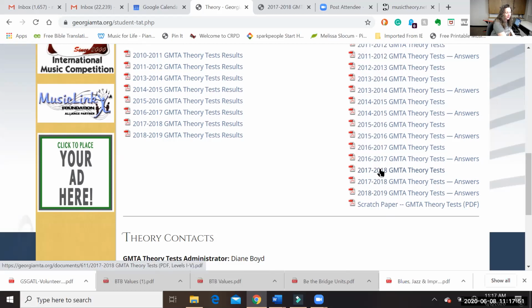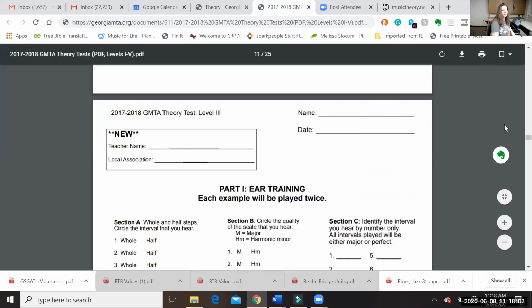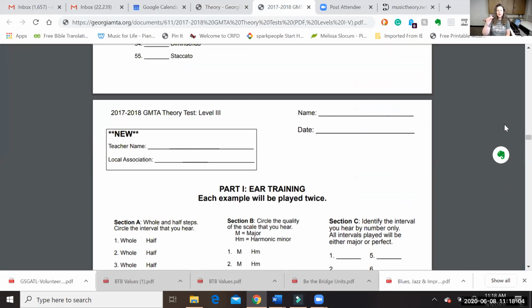Okay, so once you click on the theory test, you'll get to a new window, and I already have this pulled up. When you open that document, that file, you will find it contains all levels of the state theory test: level 1, level 2, level 3, level 4, and so on, level 5.